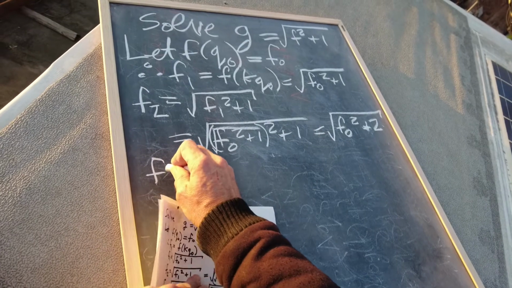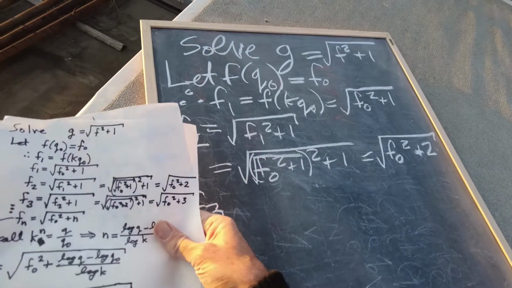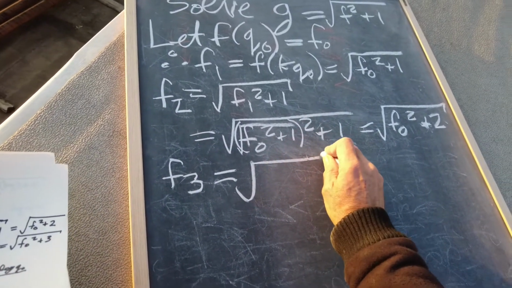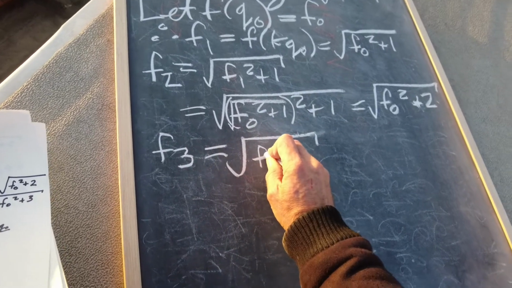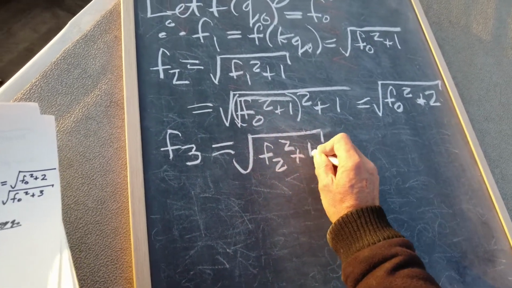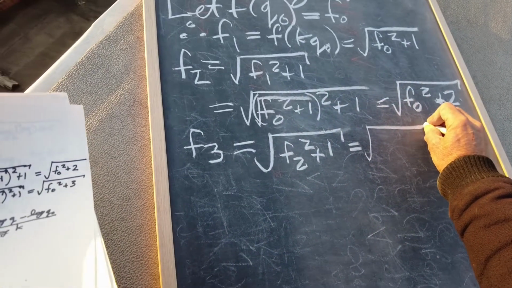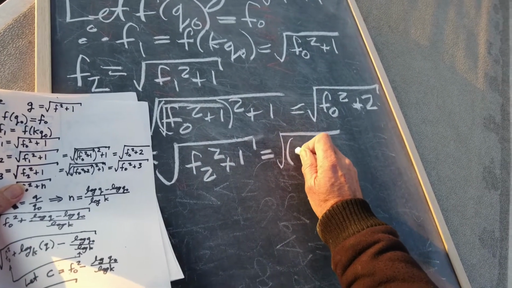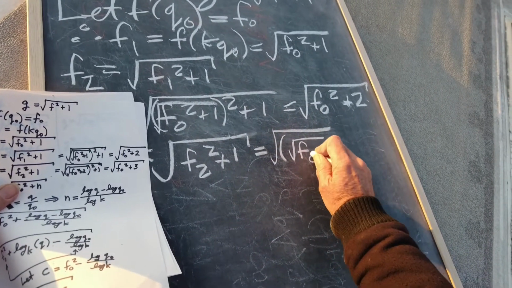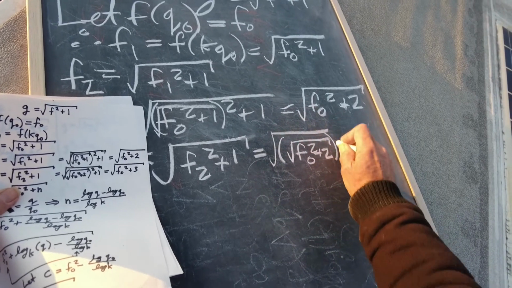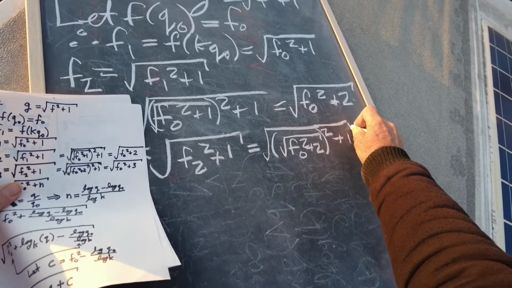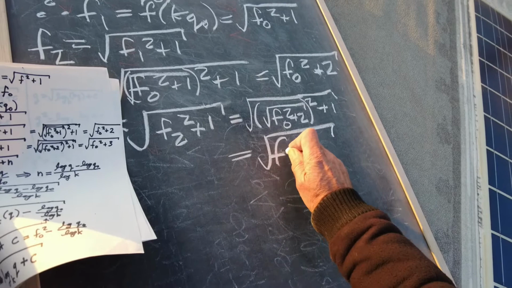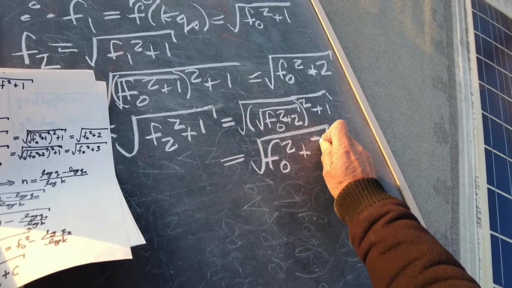And then now f3 equals the square root of f2 squared plus 1, which is equal to the square root of f0 squared plus 2 all squared plus 1 under the square root sign, which is equal to the square root of f0 squared plus 3.